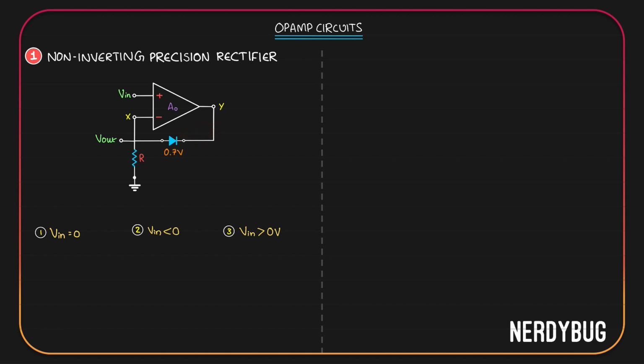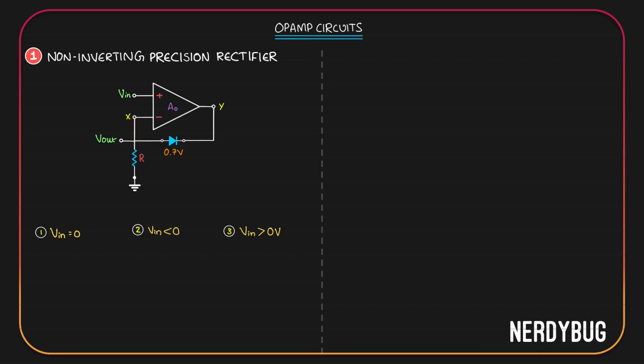So op-amp will make the output negative 0.7 volt so that the diode is on and Vx becomes equal to V in. Since V in is 0, Vx only has to become 0 volt. That means the op-amp only has to provide a negative 0.7 volt so that the feedback loop is there and the potential here will be 0.